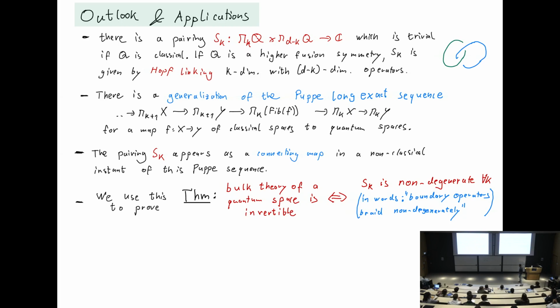I mean, in a way, the only thing I can tell you is that the thing that replaces a space now is a bulk theory with a boundary theory. And then a map of spaces, the way we want to think of it, is a bulk theory with 2 boundary theories and a morphism between the 2 boundaries, a corner between the 2 boundary theories.